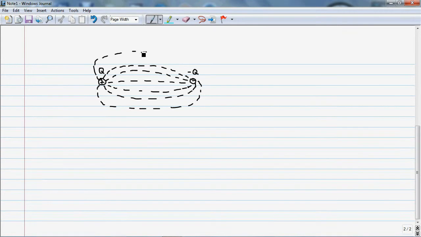So all the field lines will begin and end on positive and negative charges.